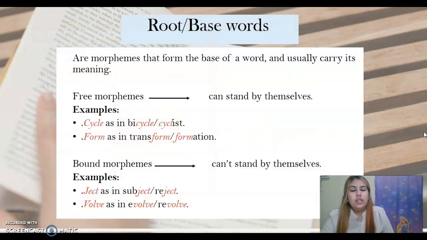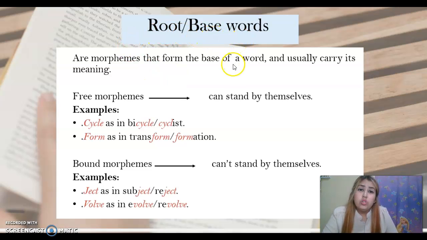Now, let's see what root or base words are, what I was explaining before. Well, root or base words are also part of morphemes, and they form the base of a word and usually carry its meaning. For example, they can be free morphemes or bound morphemes, as I explained before in the types of morphemes.